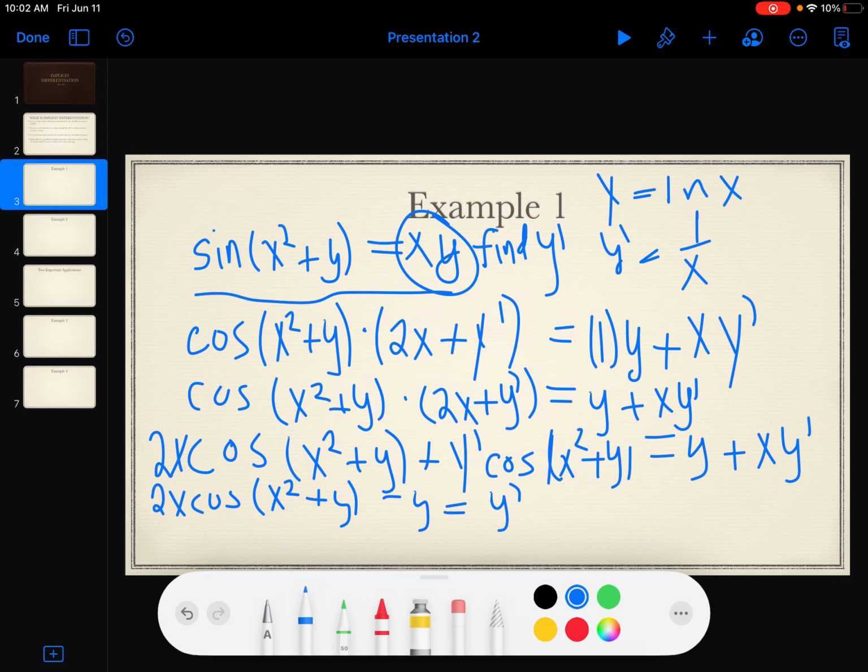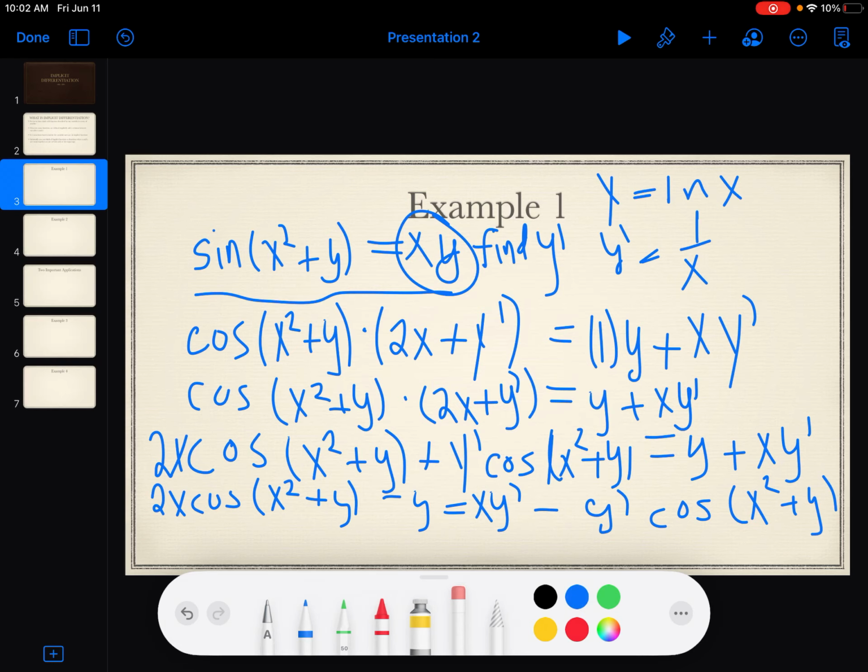So we got x y prime, we have minus y prime times cosine of x squared plus y. So we can factor out the y prime on the right side.